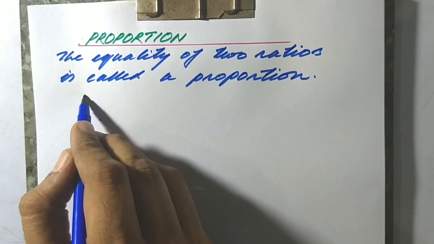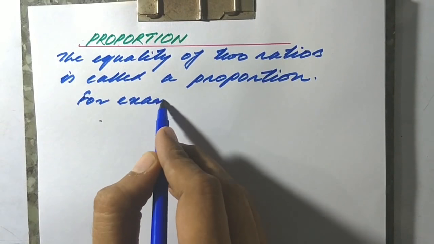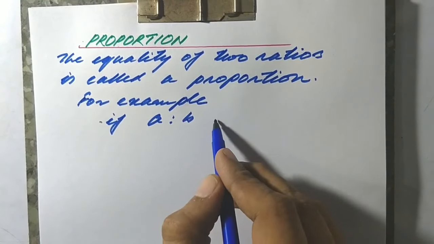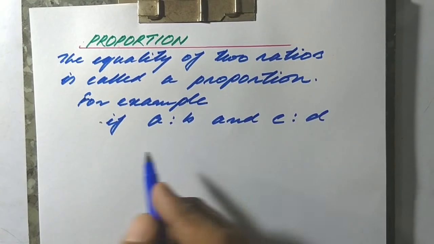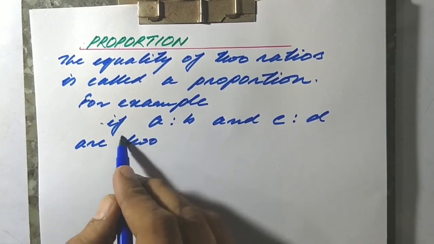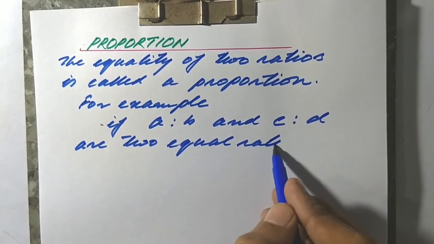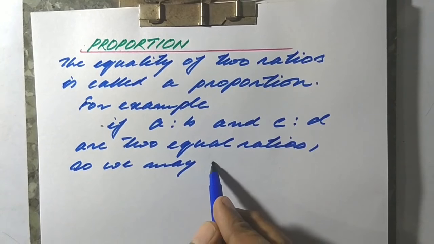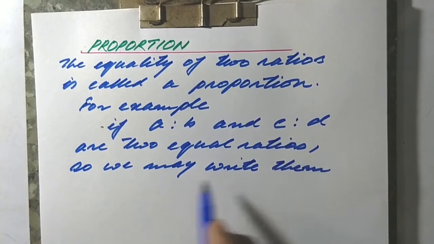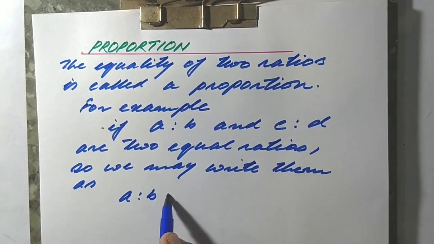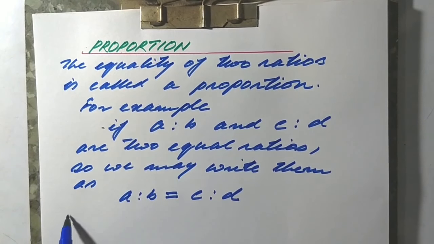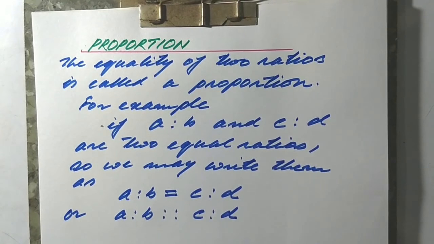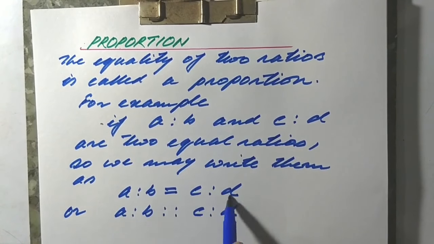For example, if A is to B and C is to D are two equal ratios, so we may write them as A is to B is equal to C is to D, or A is to B, 4 dots, C is to D. So the equality of two ratios is called proportion.